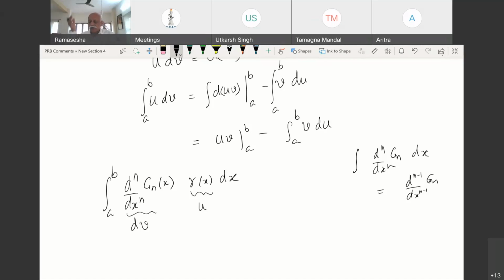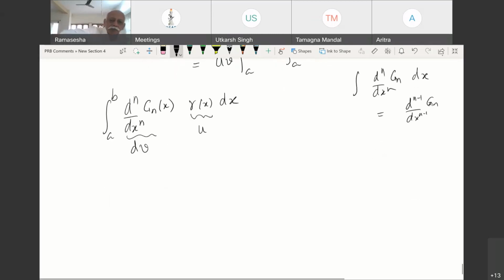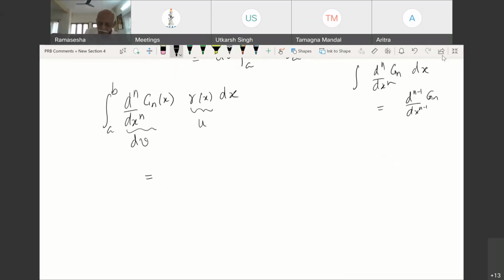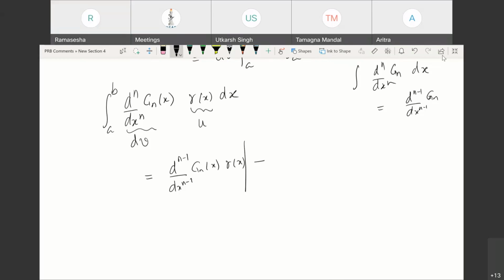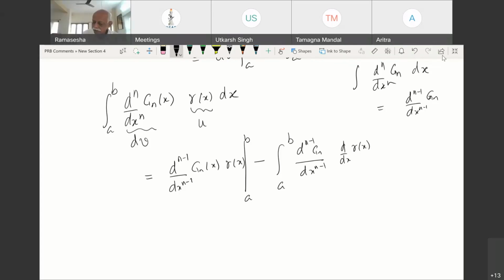Because integration is the opposite of differentiation in some sense, so it will reduce the differentiation. Using the formula we get d^(n-1)/dx^(n-1) g(x) r(x) between a and b, minus the integral from a to b of d^(n-1) g_n upon dx^(n-1) times d by dx of r(x) dx.